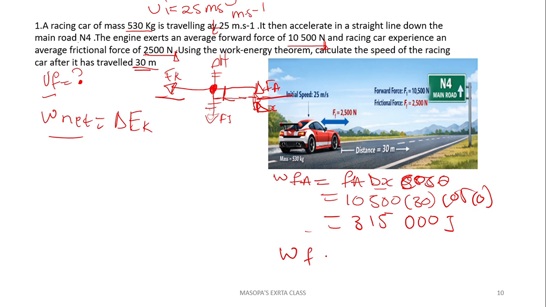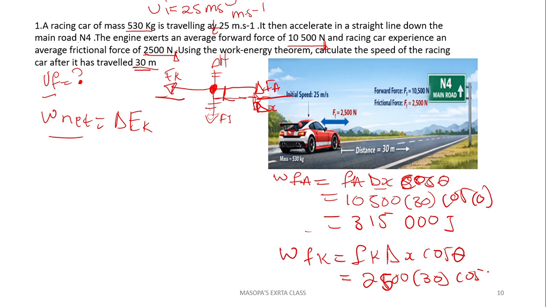Then let's look at the work done by the Fk. We are going to need Fk delta x cos theta. So the work by the Fk is 2,500 times delta x 30 times cos of 180. Why 180?